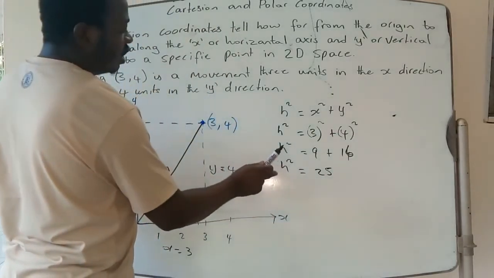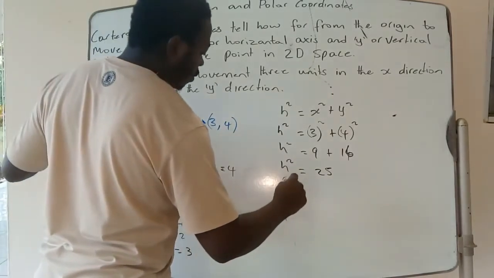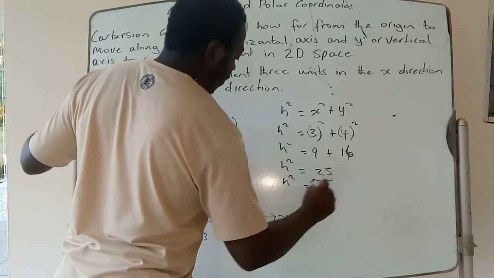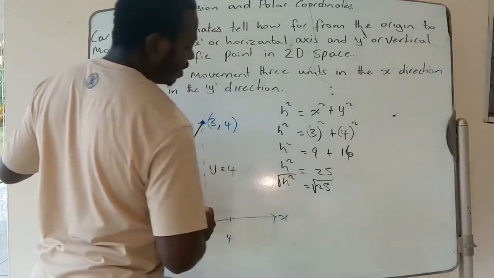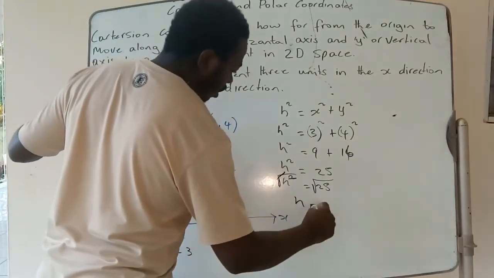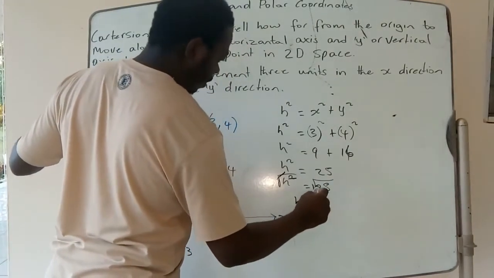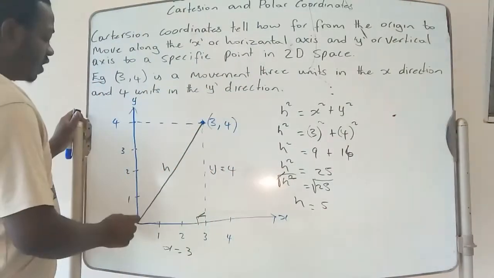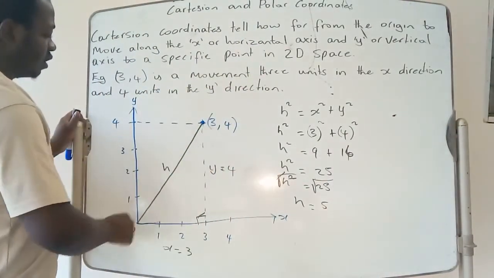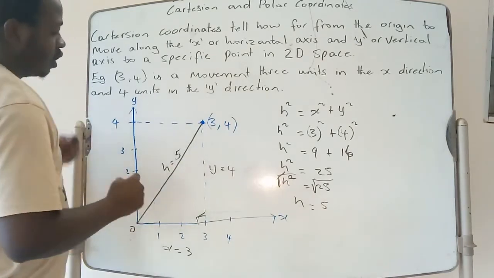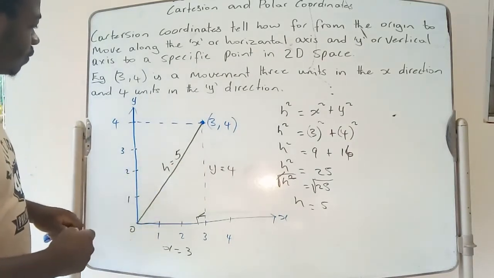To find h, you take the square root of both sides. The square root cancels out the square sign, so h is equal to the root of 25, which is equal to 5 units. So this length here would equal 5 units. Right?